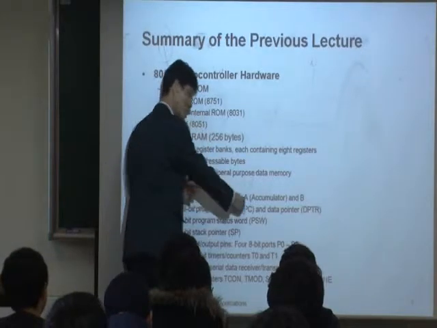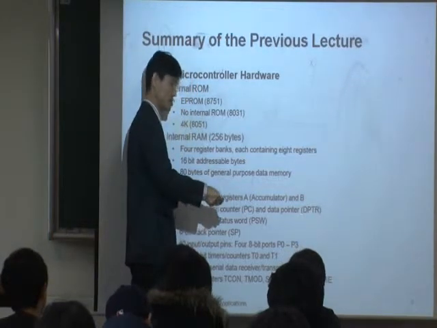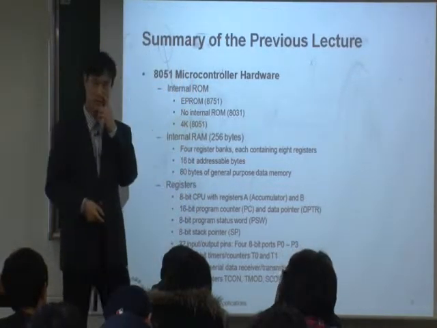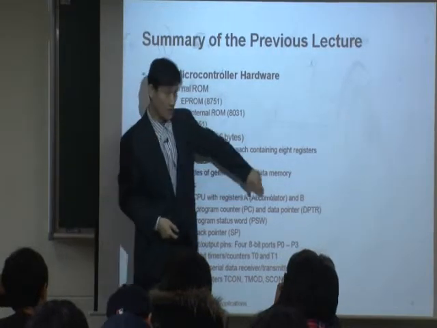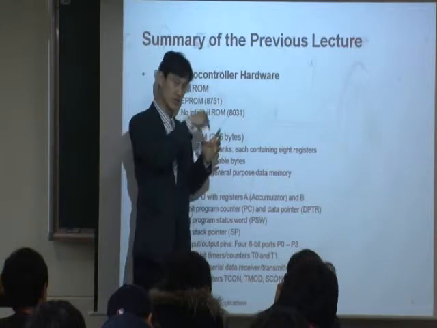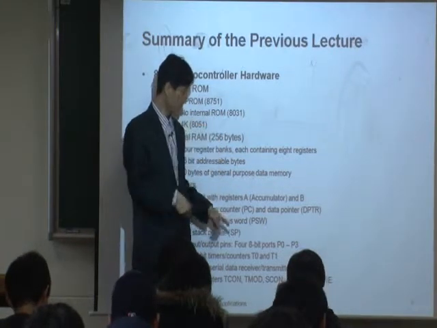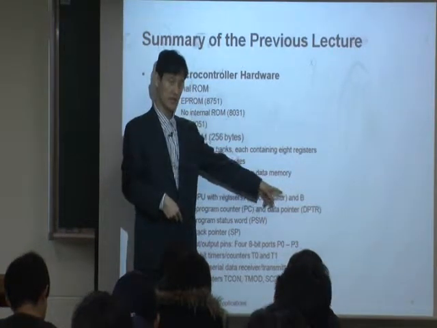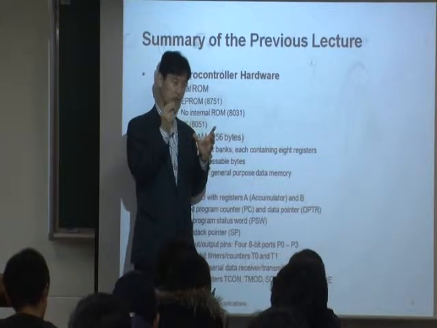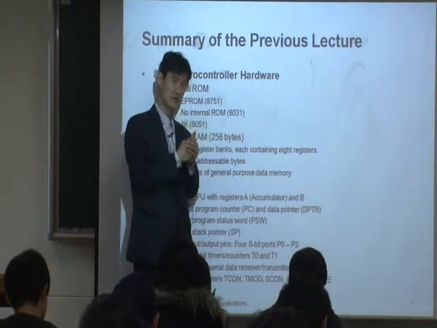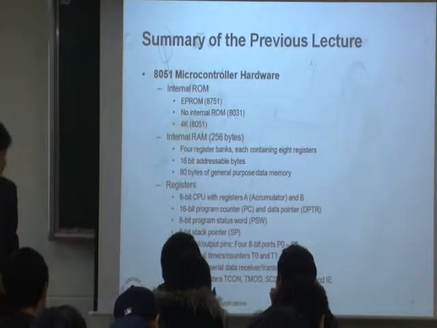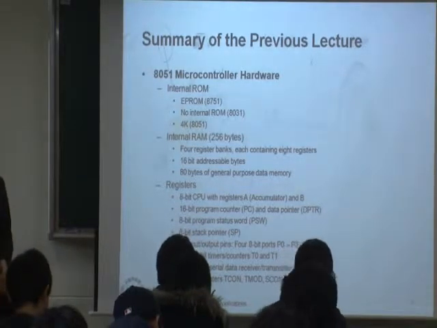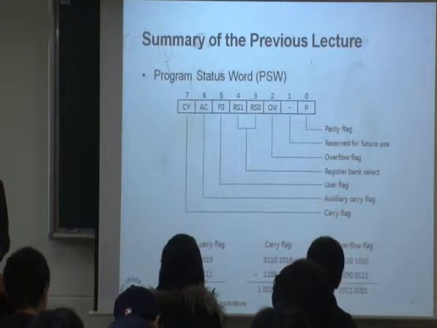Address goes into these registers, this register, this register. Understand that? Okay. A and B, these registers, you put value into the register. PC and DP, the data pointer, you put address value into the register. That's why we have 16 bits for those two. We'll see that later.